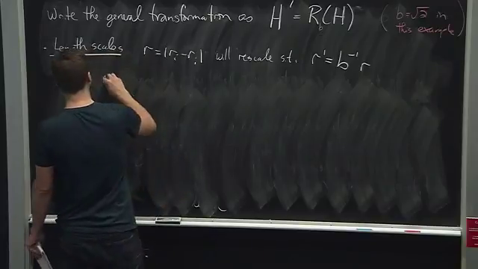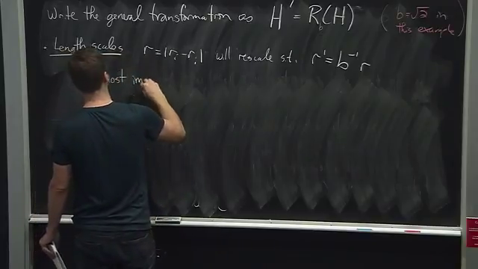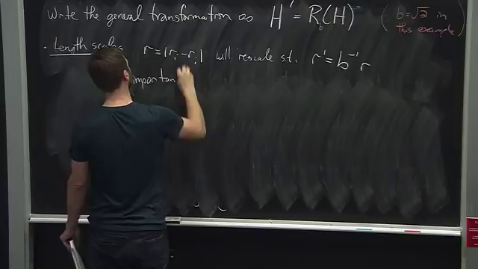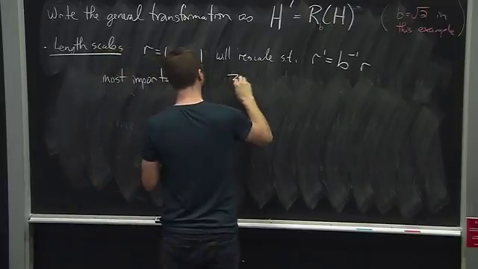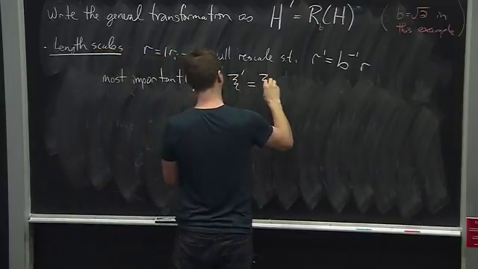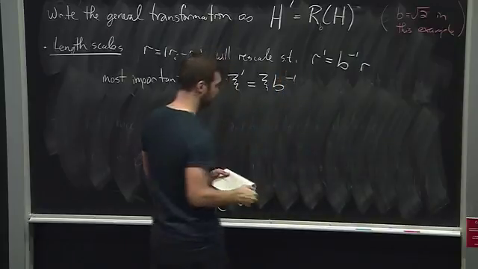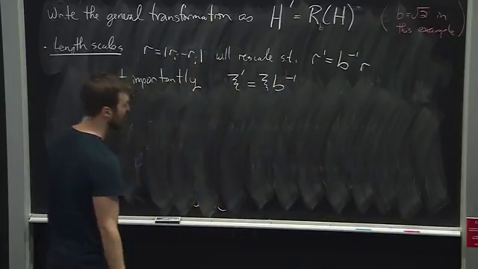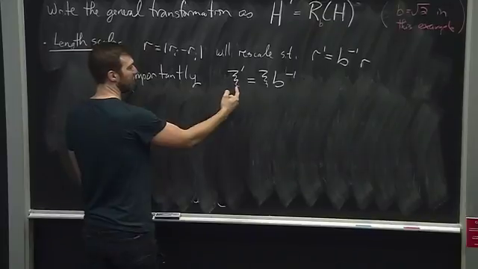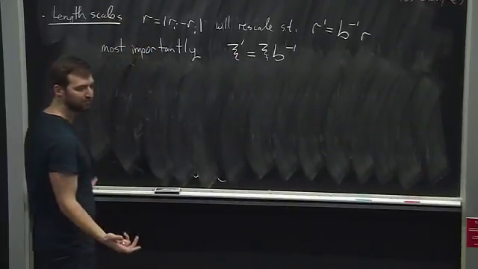So most importantly, the correlation length is less than the correlation length at the smaller length scale.